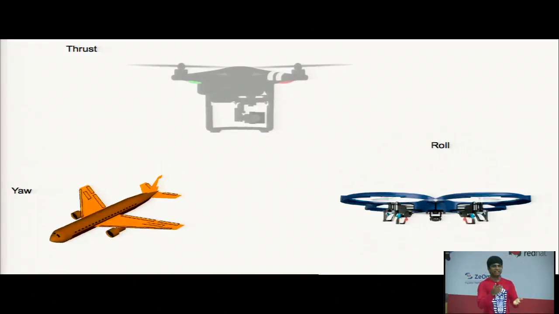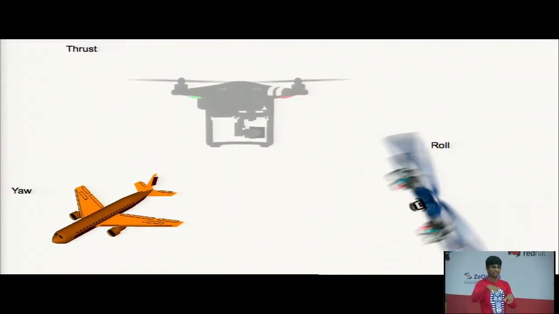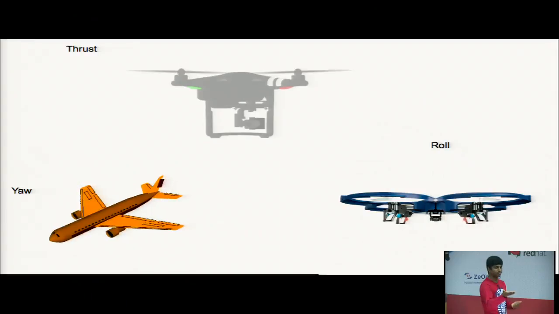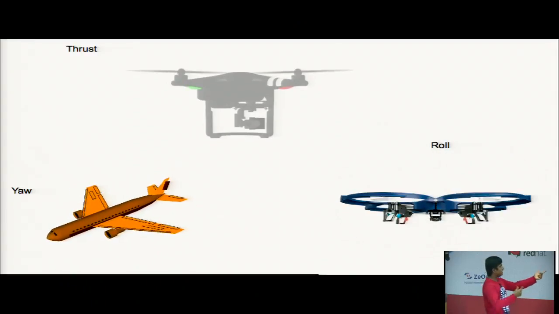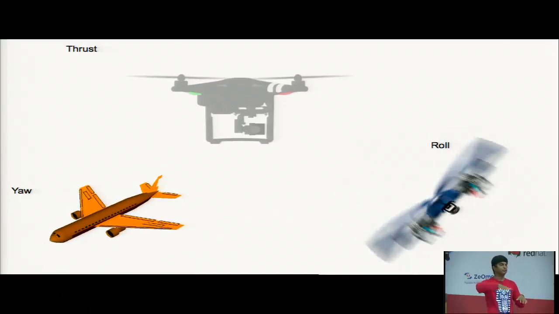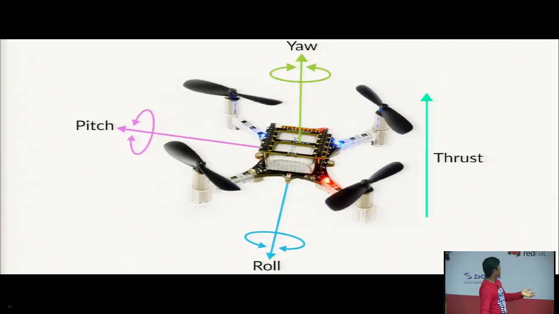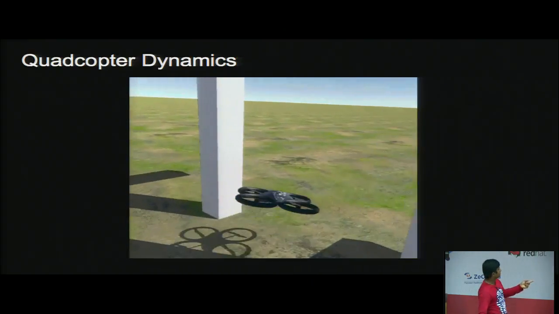So weight is balanced against thrust, and that is how it decides how fast the copter can fly. Roll is basically rolling it sideways, and yaw is in the same plane, but you turn the direction. This is simply an explanatory picture, but this is how the copter works.